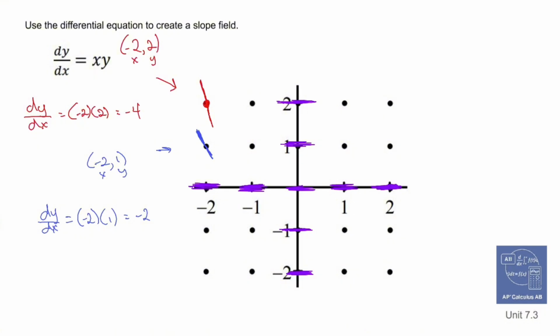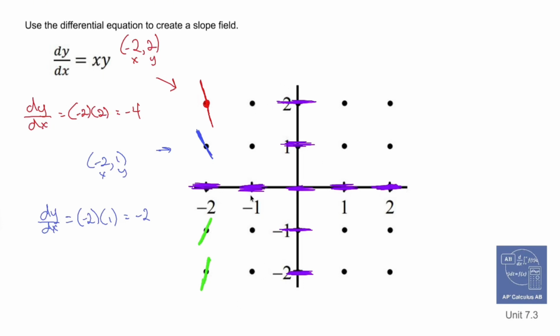Basically, the rest of these are just going to be me taking the points and multiplying them together. -2 times -1 is going to be +2, so a pretty steep slope in the positive direction. -2 times -2 is +4, so a steeper positive slope looks like this.